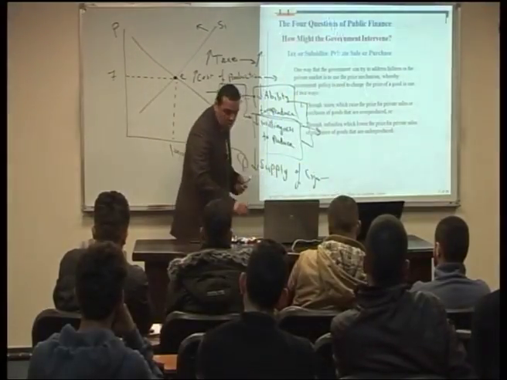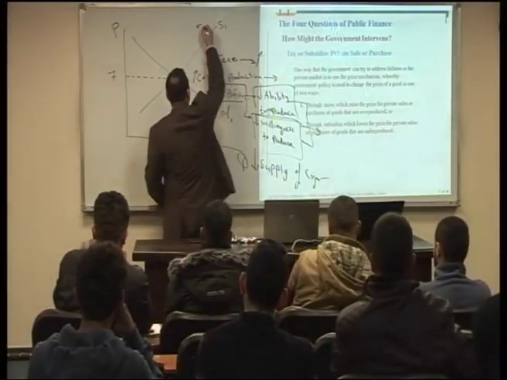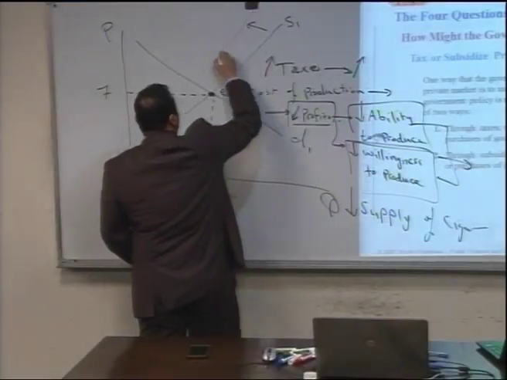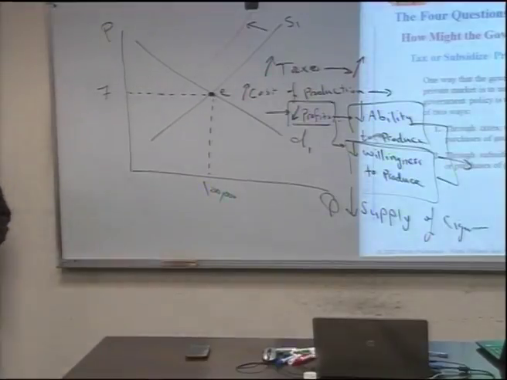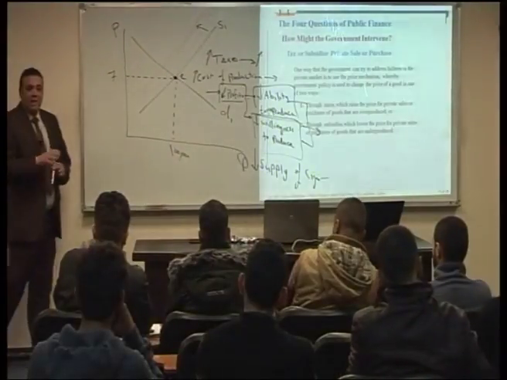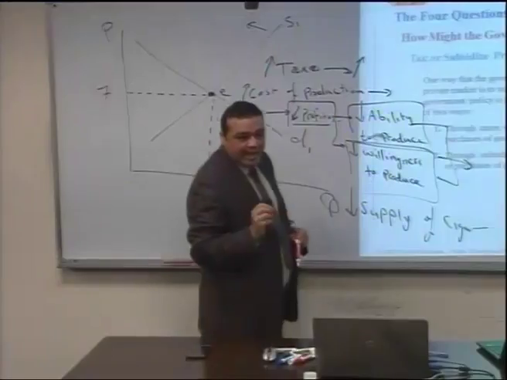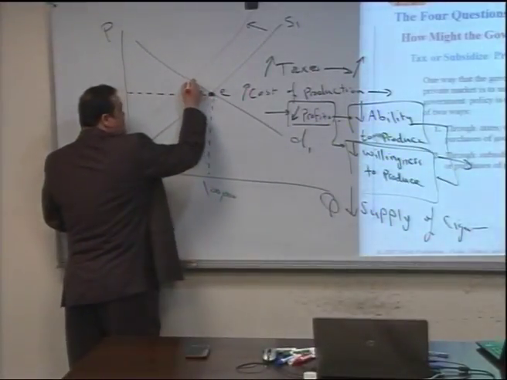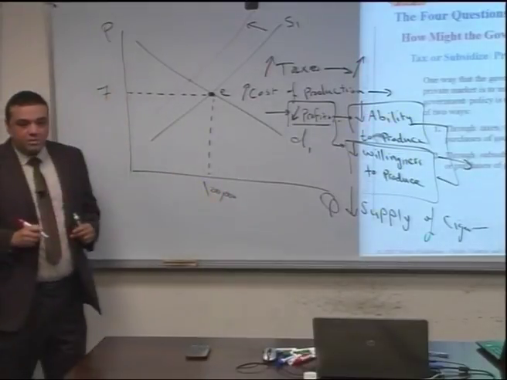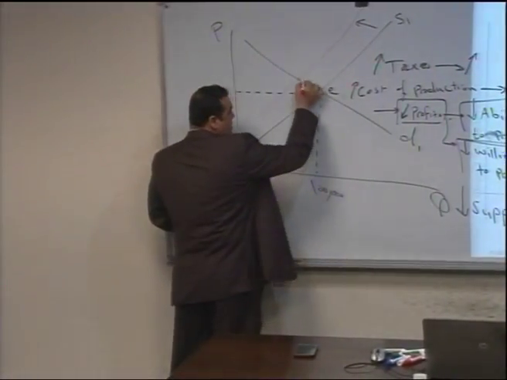All right, so here we have a decrease in supply, so the supply curve shifts left to S2. What is the main effect of a decrease in supply? As you see here, we have a new equilibrium point, E2; this is E1, E2.